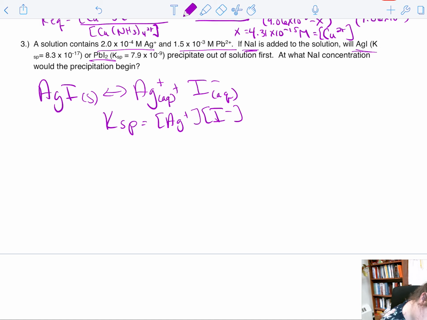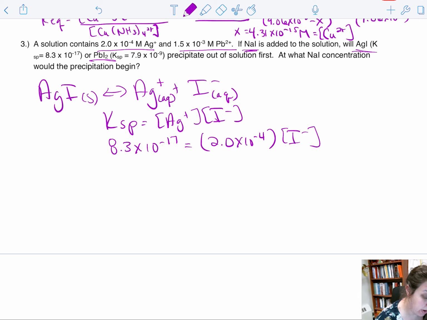So our Ksp is 8.3 times 10 to the negative 17. We have a silver concentration of 2.0 times 10 to the negative 4. And what we're solving for is our iodide concentration. So what iodide concentration are we at our tipping point for precipitation? When we do that, we get an iodide concentration of 4.15 times 10 to the negative 13 molar.